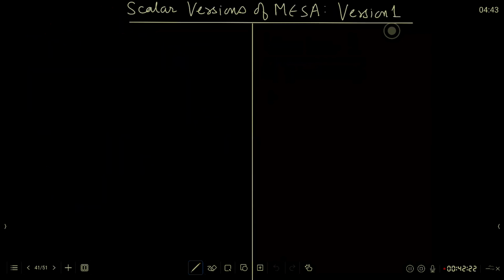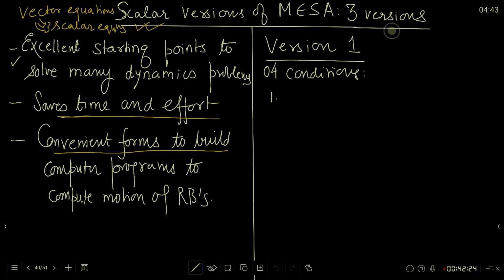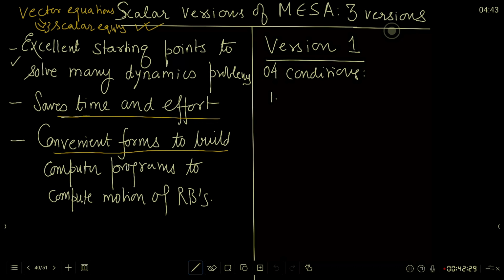So there are three scalar versions I want to look at. Every vector equation has three scalar equations. So these three scalar equations I want to get, and I want to get them in three different versions. Alright, first version.